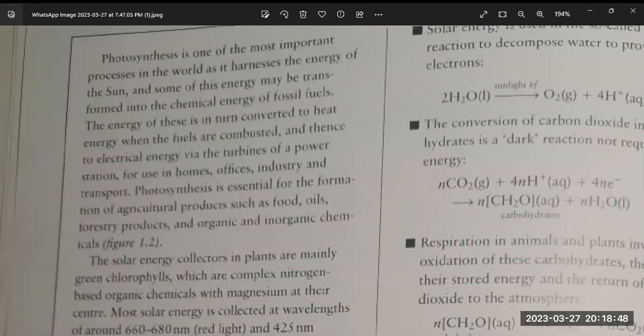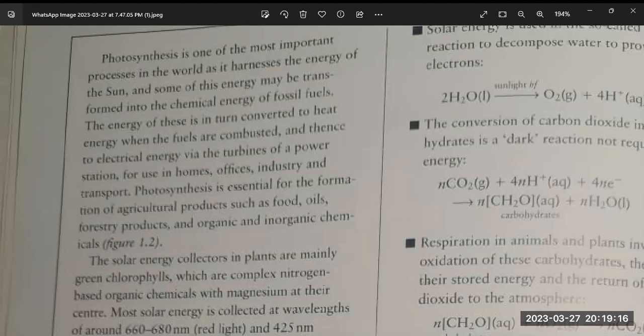All right, so we know that photosynthesis is one of the most important processes in the world, as it harnesses the energy of the sun, and some of this energy may be transformed into chemical energy of fossil fuels. The energy of these is in turn converted to heat energy when the fuels are combusted, and then to electrical energy via the turbines of a power station for use in homes, offices, industries, and transport.